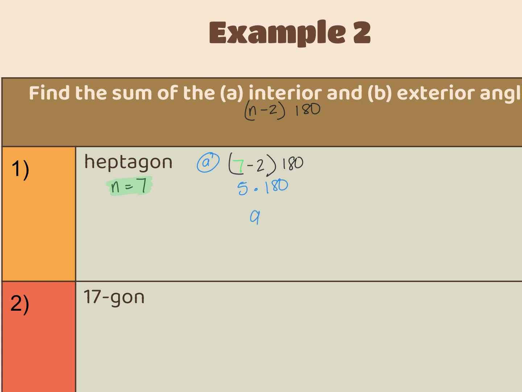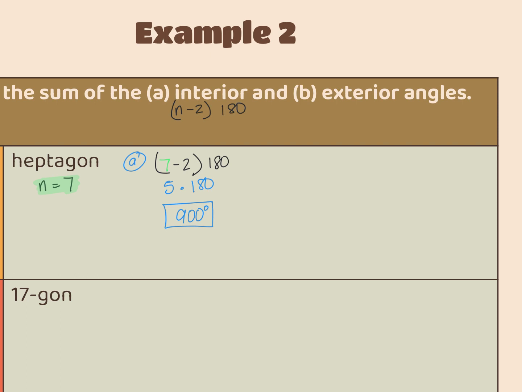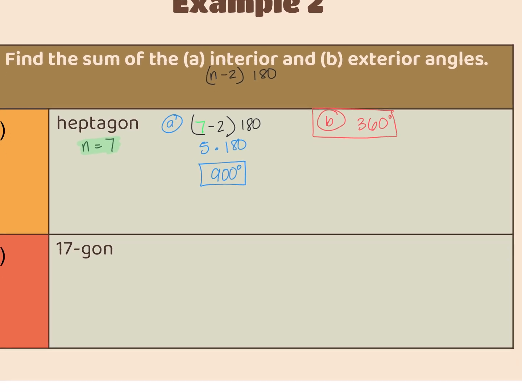And if I multiply correctly, that's going to give me 900. So the interior angle sum is 900 for A. And the exterior angle, remember, going back to the previous slide, your exterior angle measures are always going to be 360 degrees. Always. So I don't even have to solve anything for that one. I'm just going to get 360.